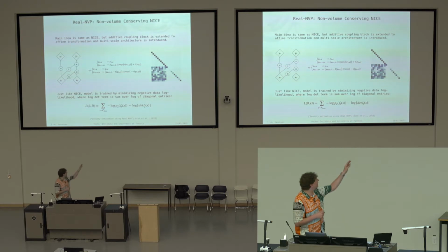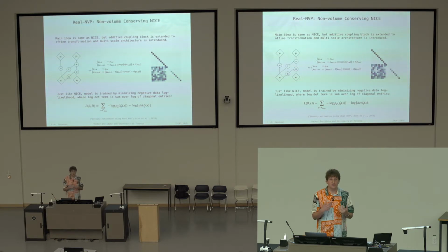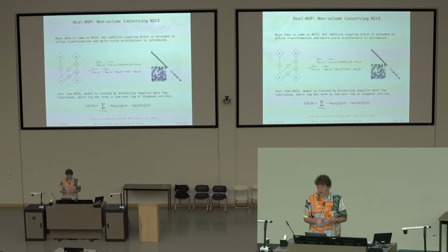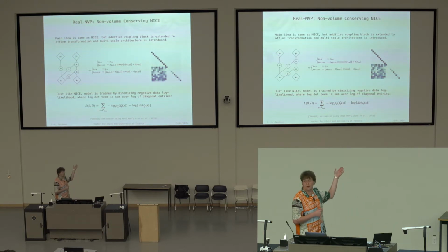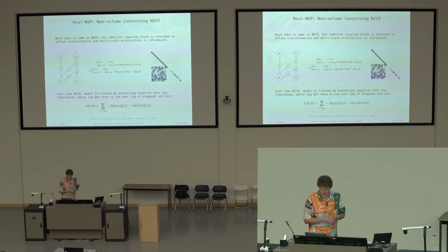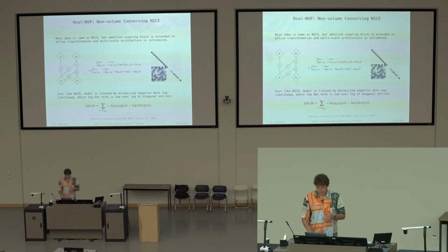Now you can see that the lower diagonal has different values that are not just one. So now the volume can be changed and the density can be stretched in different ways. The log determinant of this Jacobian is not 0 anymore, but we can efficiently compute it by just summing over the log of these diagonal entries.